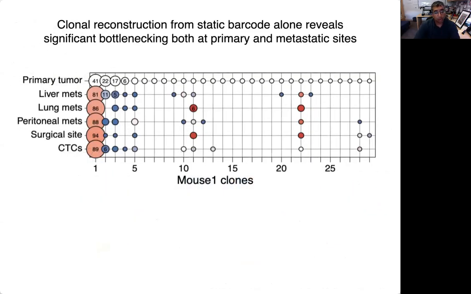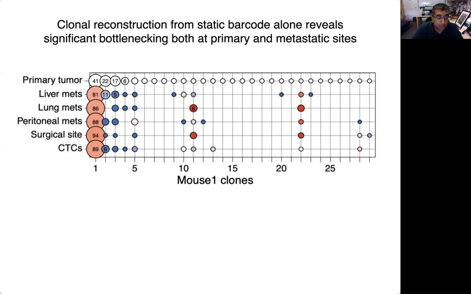Okay, so let's actually just look at what happens here, right? So this is now a summary of what is seen with respect to clones and their contributions to observed cells at different metastatic sites as well as at the primary site.